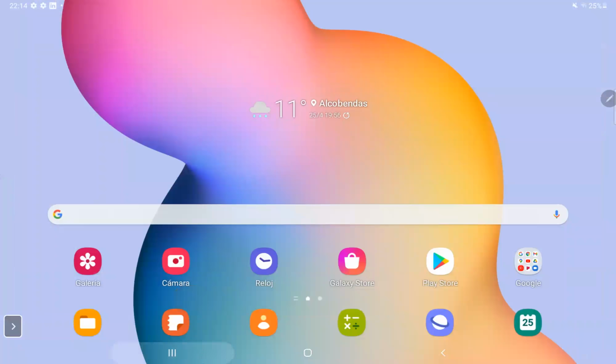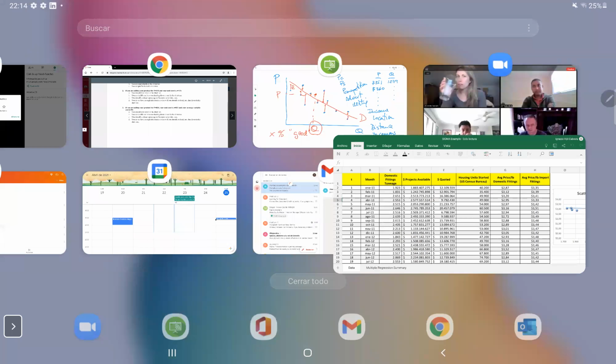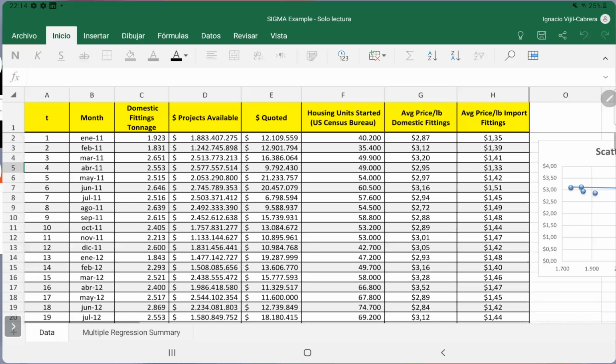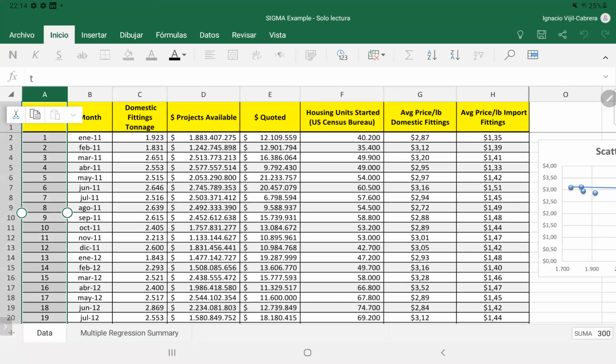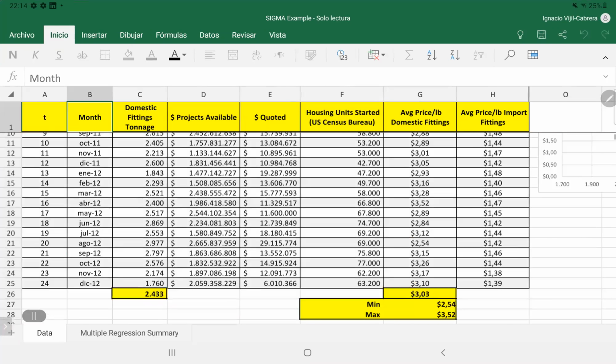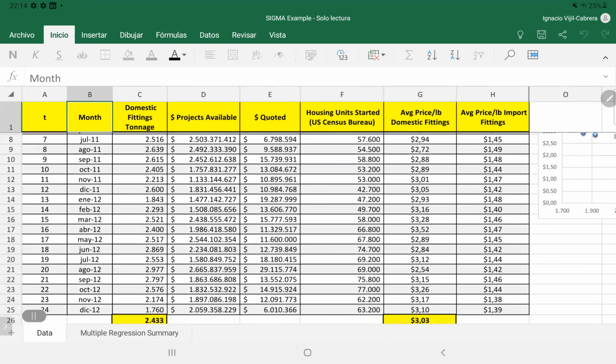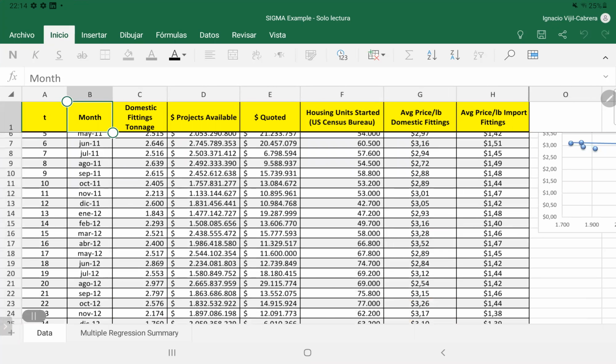the data. So what do I have here? Column A, that's just time. That's from January 2011. I took 2 years of data, okay? And I took data out and whatnot, because the whole exercise is not here.